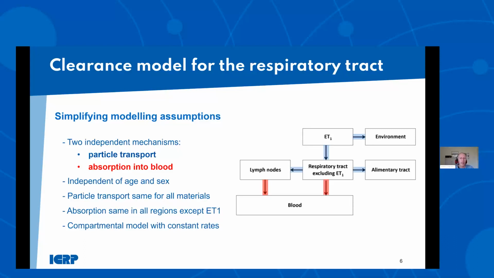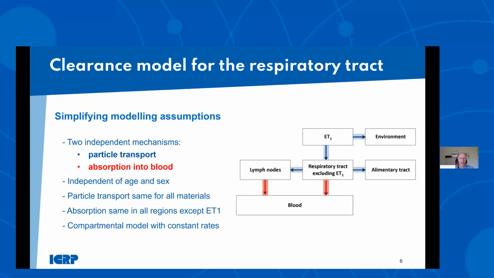The particle transport is assumed to be the same for all. Absorption, instead, is assumed to be the same in all regions of the lungs, except in the nasal passages where there is assumed to be no absorption.